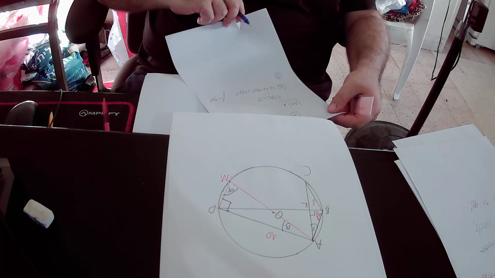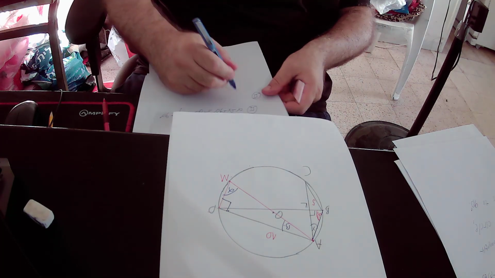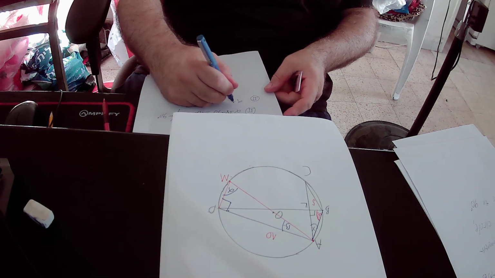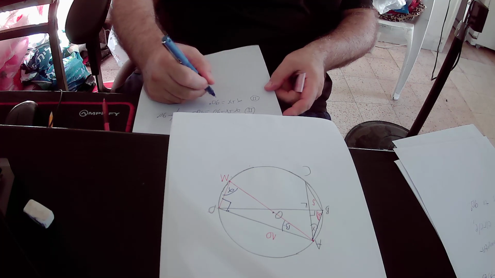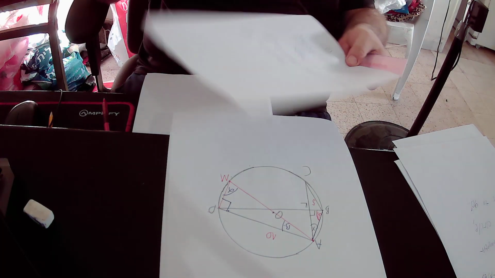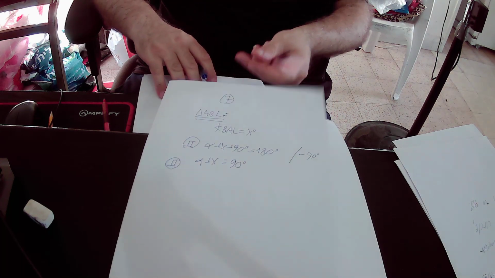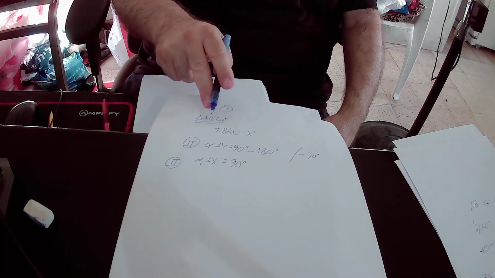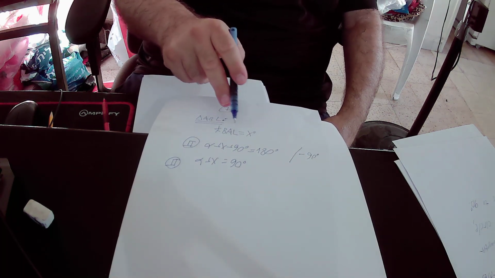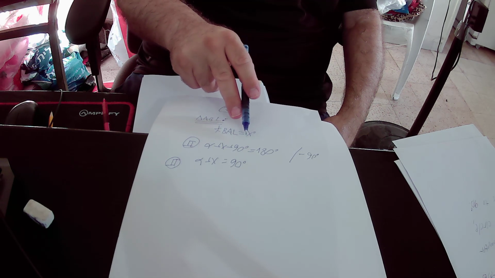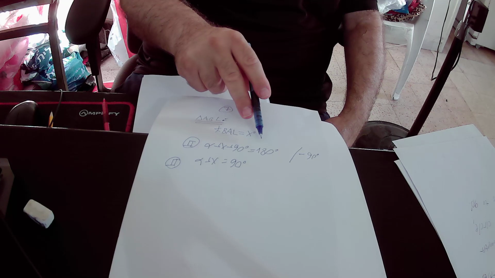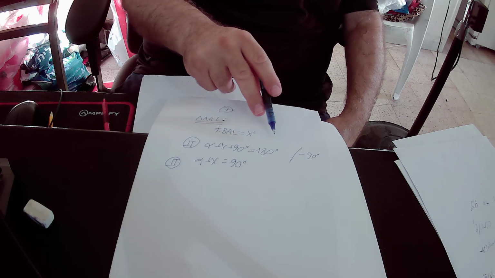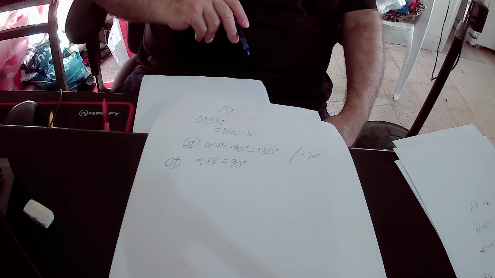So we will get that alpha plus X equals 90 degrees. Okay, we subtracted 90 degrees from equation number 2. Alpha plus X plus 90 degrees minus 90 degrees equals alpha plus X. 180 degrees minus 90 degrees equals 90 degrees.